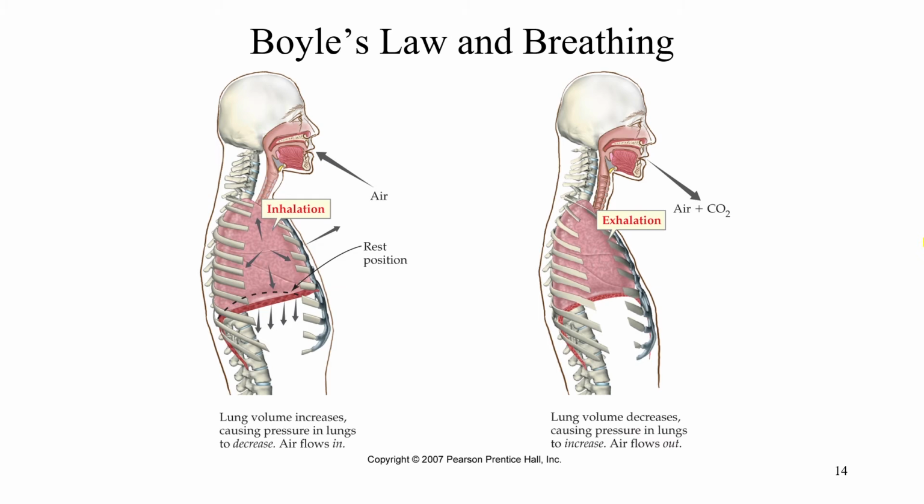It increases the volume and therefore decreases the pressure in your lungs. And because the pressure inside your lungs decreases with respect to the pressure on the outside, the air from the outside moves in. Now, when the diaphragm relaxes, you can see on the right there, the lung volume decreases. That means that now the pressure in the lungs increases, and that pushes the air out.